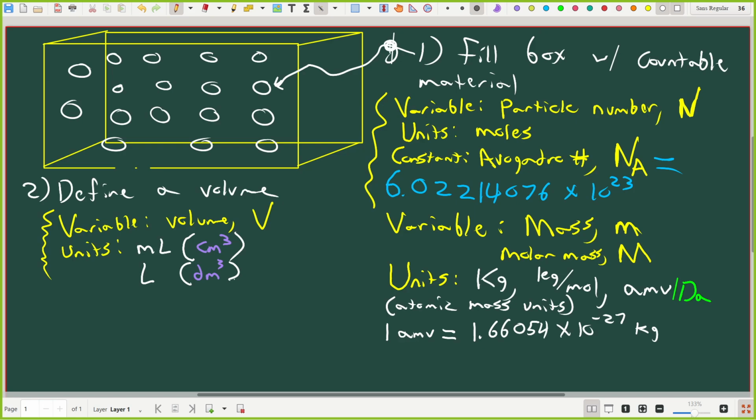How many milliliters are in a liter? 1,000. So there are 10 centimeters in a decimeter. We'll go back to dimensional analysis just in case this is confusing, but there are three factors of centimeters, so you have a dimensional conversion of 10 times 10 times 10, 10 to the 3, which is 1,000. So a liter is 1,000 milliliters. A decimeter cubed is 1,000 cubic centimeters.